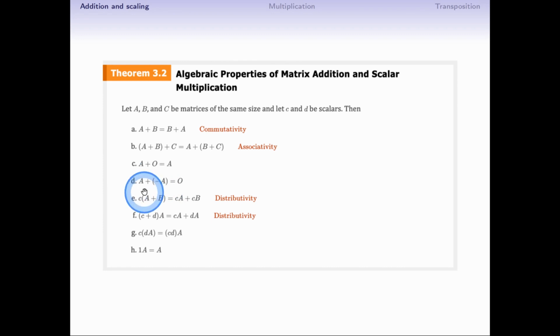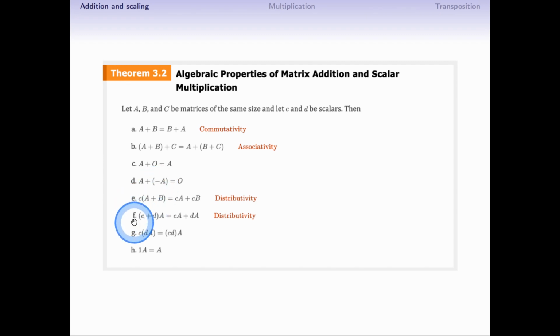For every matrix A, there's a matrix that when added to it, reduces it to the zero matrix, and that is what I get by scaling the matrix by -1. So negative A is what I get by scaling the matrix A by -1, and that's acting as an additive inverse to the matrix A. Very useful in solving equations, because it allows me to eliminate a matrix on one side of an equation by adding its additive inverse.